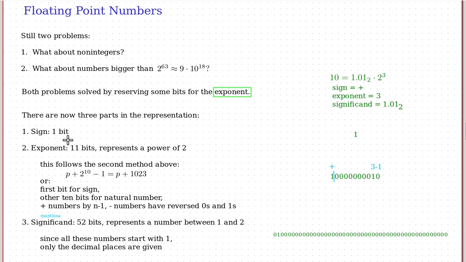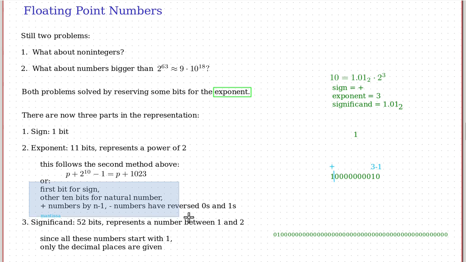So replace all the 64s in the previous scheme by 11 and replace the 63s by 10. So the way the power will be represented is, if you have a power p, like in this case p was 3, we're going to add 2 to the 10th minus 1 to that p. 2 to the 10th minus 1 is actually 1023. So we're going to take p plus 1023, and we'll represent that number using the 11 bits.